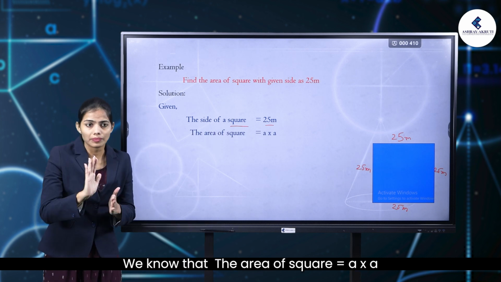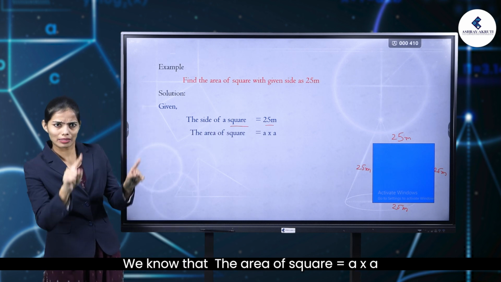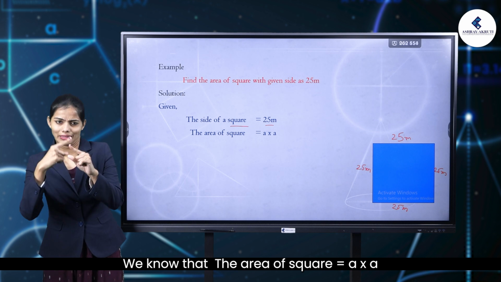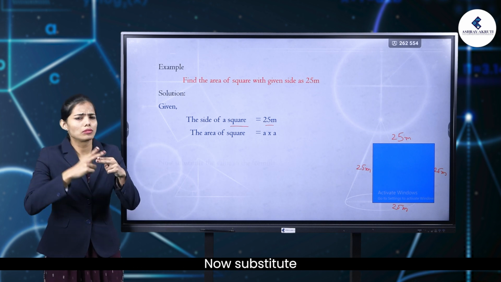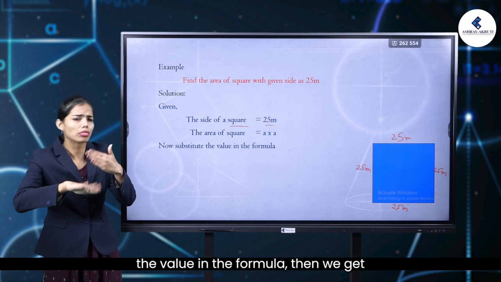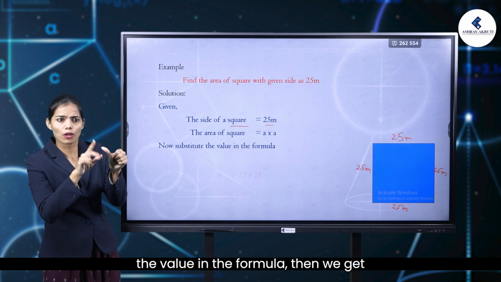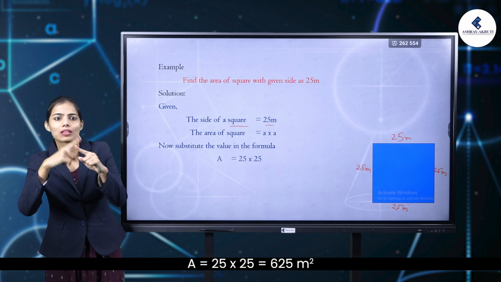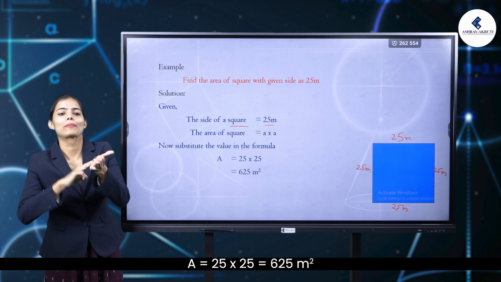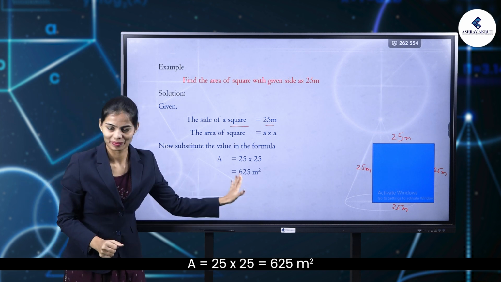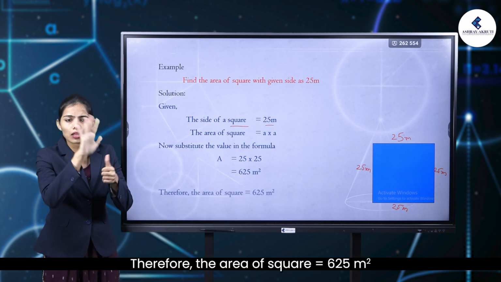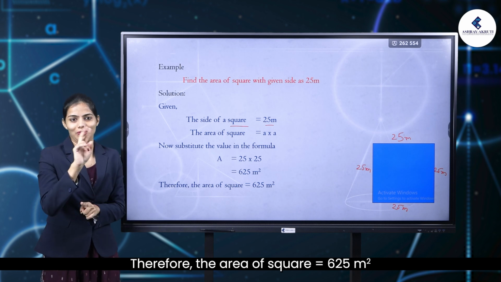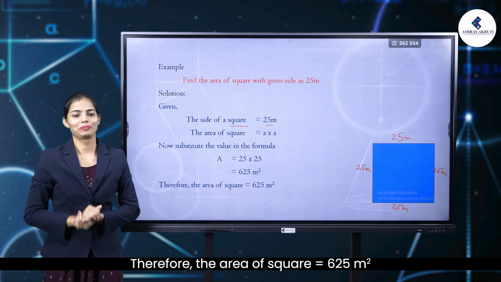We know that the area of square is equal to A into A. Now substitute the value in the formula, then we get A is equal to 25 into 25 is equal to 625 meters square. Therefore, the area of square is equal to 625 meters square.